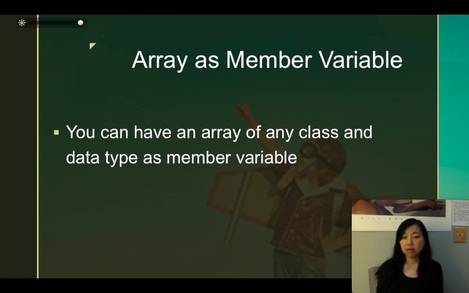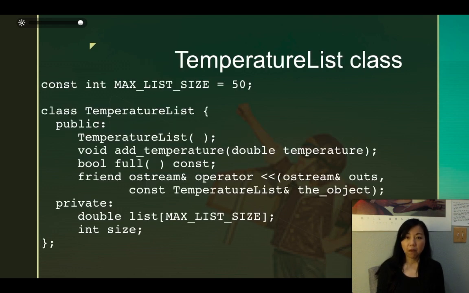The array, like before, can be of any data type that comes originally, like an int or a double, but it also can be an array of another class. We are going to talk about the temperature list, which is in your textbook.